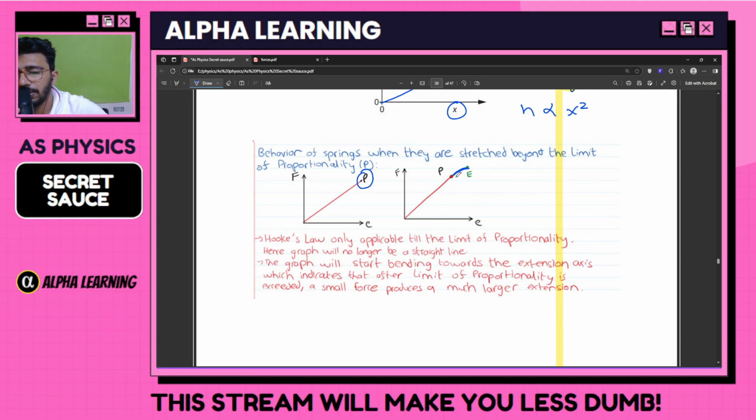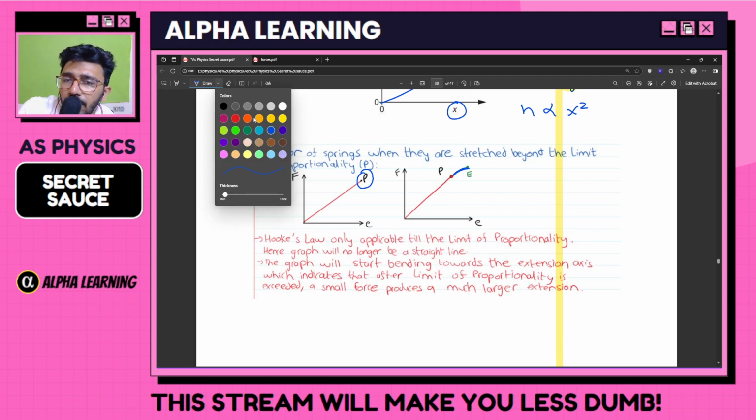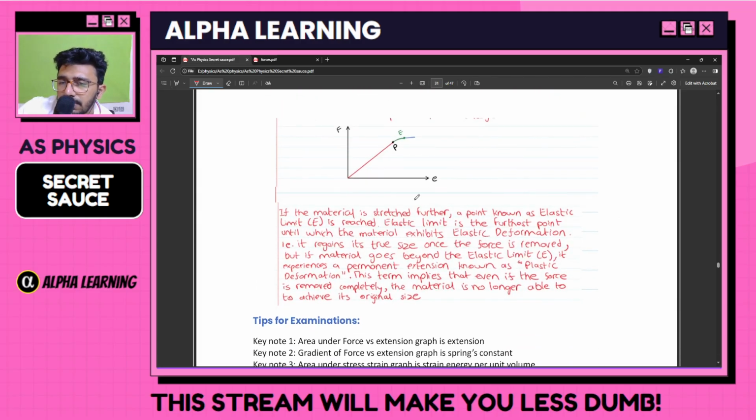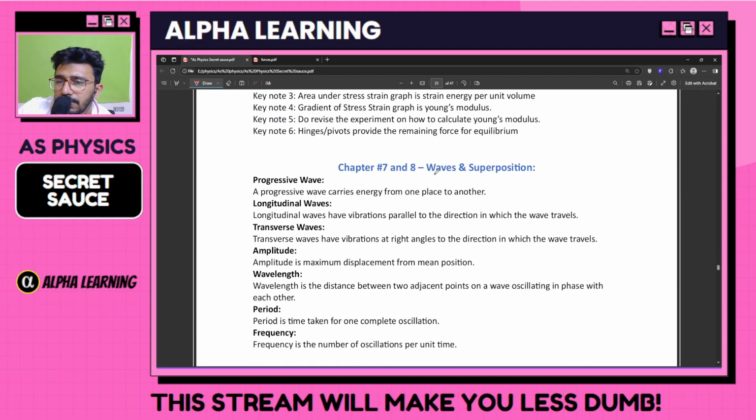So if your spring becomes hard to stretch, it will bend towards the force axis. But if your spring is normal, and in 90% of the scenarios, after limit of proportionality, your spring bends towards the extension axis, it becomes easier to stretch. Simple. These are some points that you can memorize.